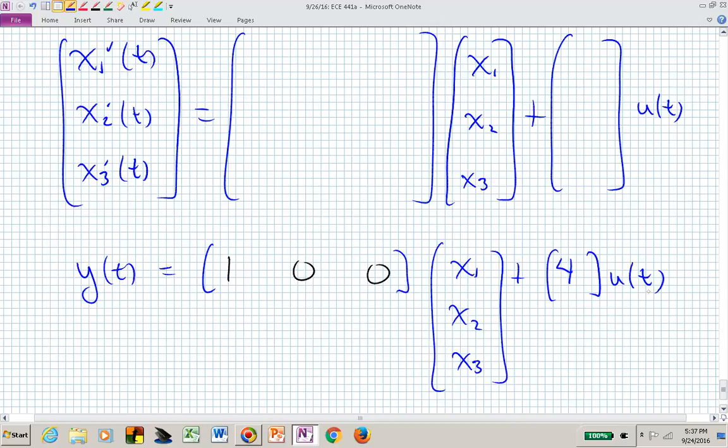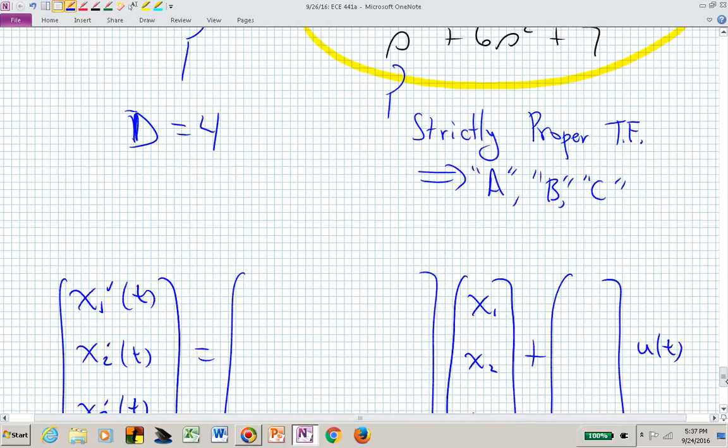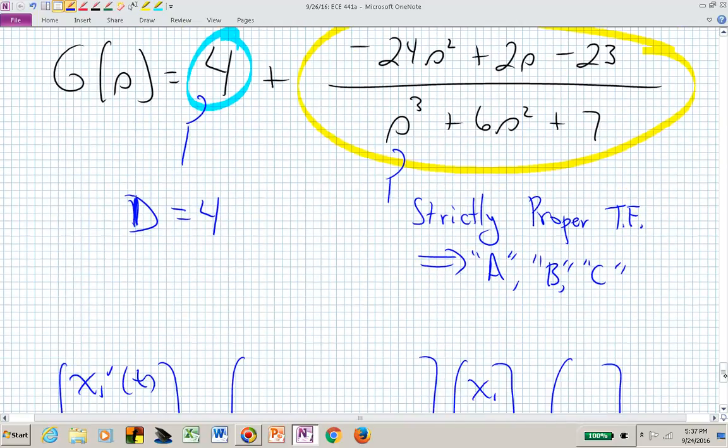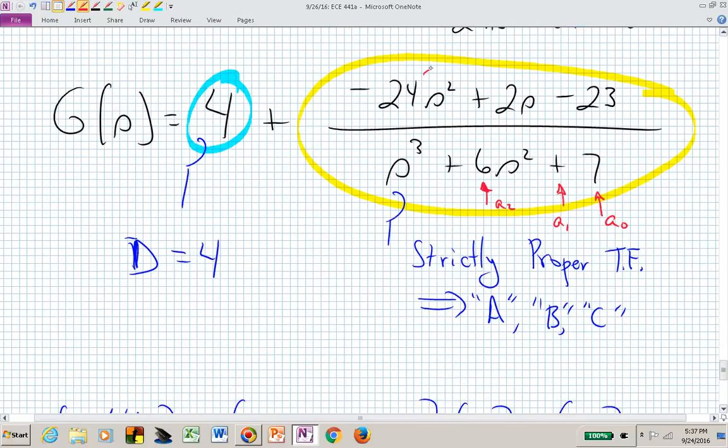And how do we build the system matrix, the A and the B? Now we have here's a sub 2, a sub 1 is missing, and here is a sub 0. This is our b sub 2, and make sure we keep track of the sign.